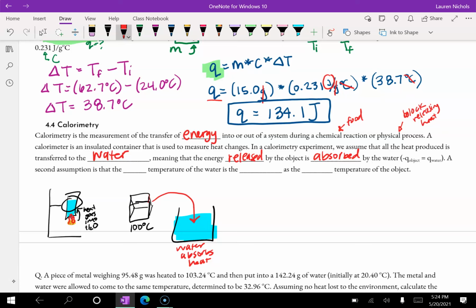But when we're doing a high school experiment, we just have to make the assumption to make our numbers and our math easier. So what this tells us is that the heat that's released by the object is equal to the heat absorbed by the water. The number is the same, but the object will have a negative sign showing that it was released instead of absorbed.